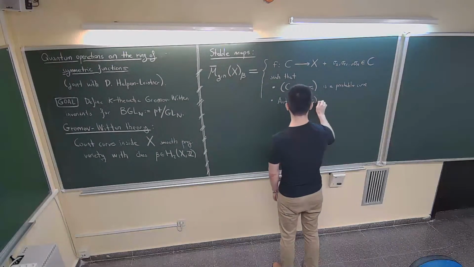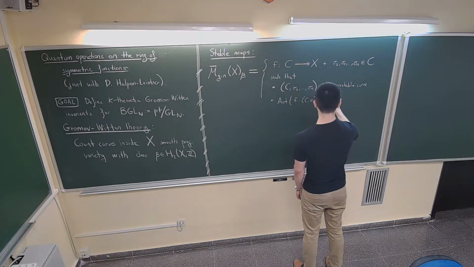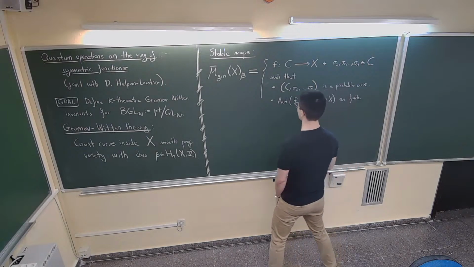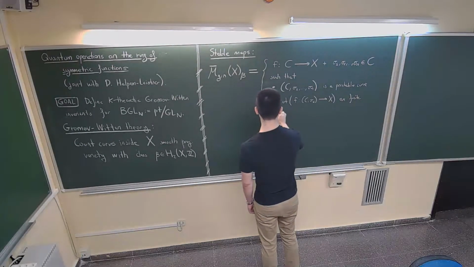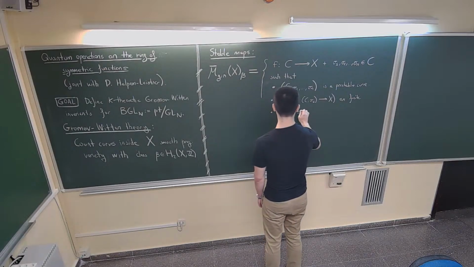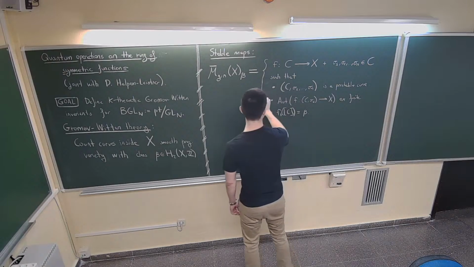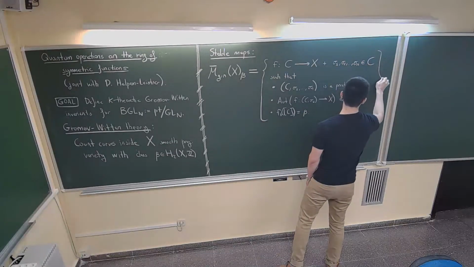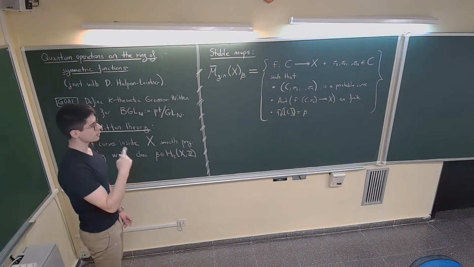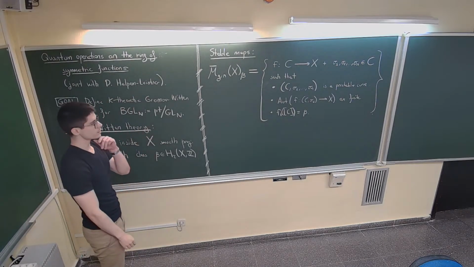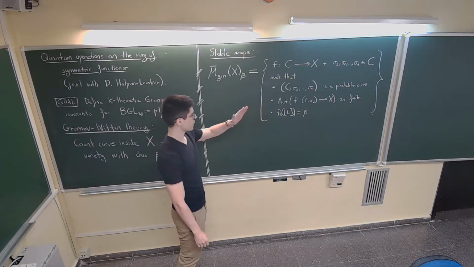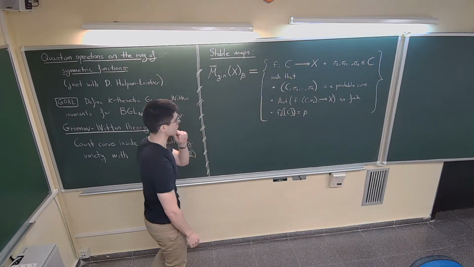I should also say that the pushforward of the fundamental class of the curve is beta. By the automorphisms being finite, I mean that any automorphism of the curve that preserves each of the marked points and is compatible with the morphism f forms a group, and that group is finite.